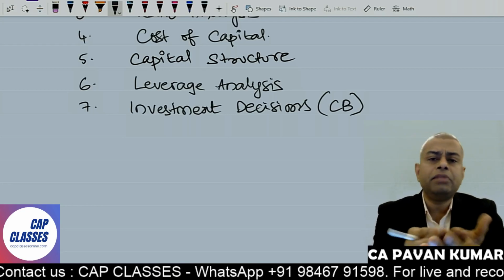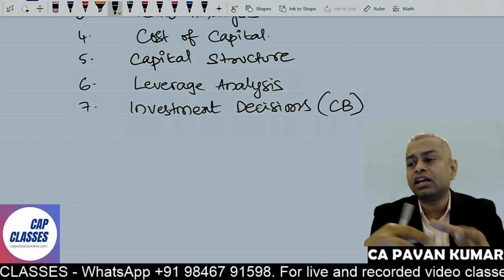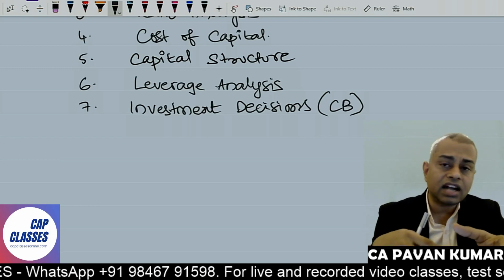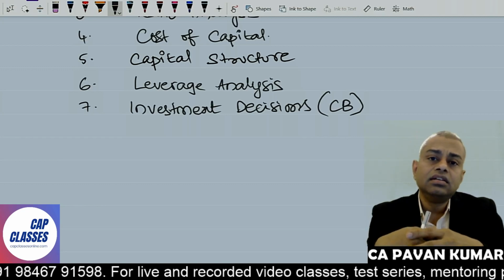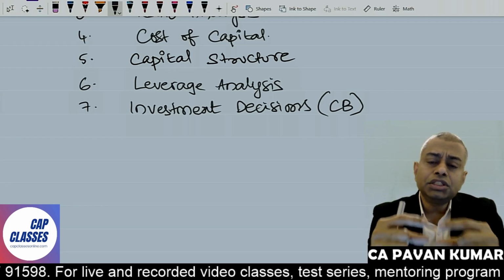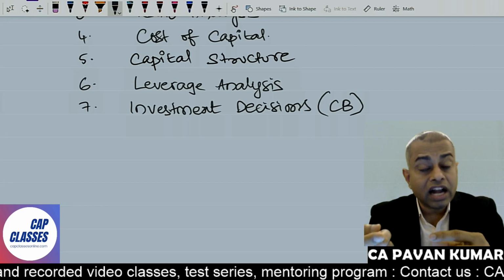Now, you might be reading so many things in the news, like Reliance is starting this, Adani is starting this, the Tatas are starting this. Do you think the decision happens in a day? No. Tata Motors investing money in Jaguar Land Rover.